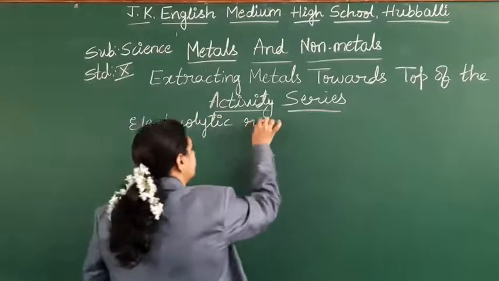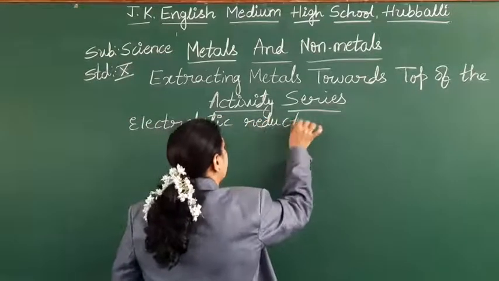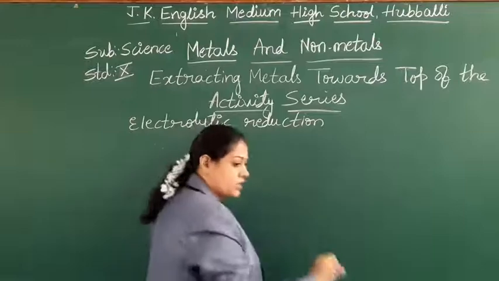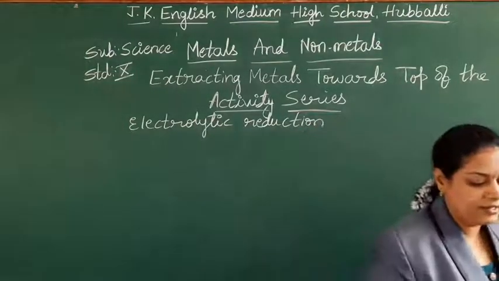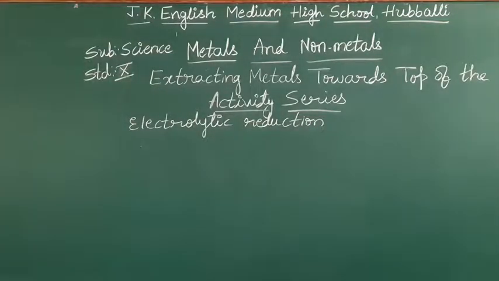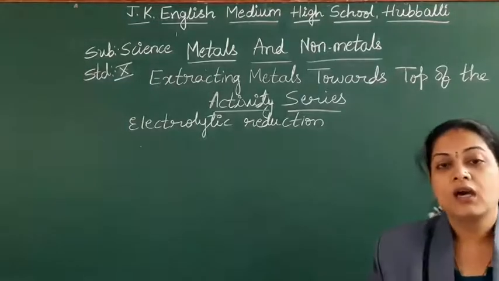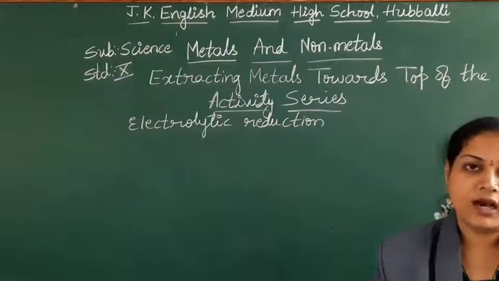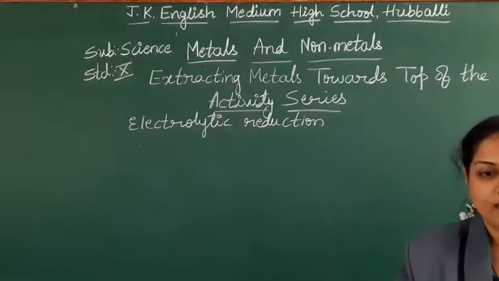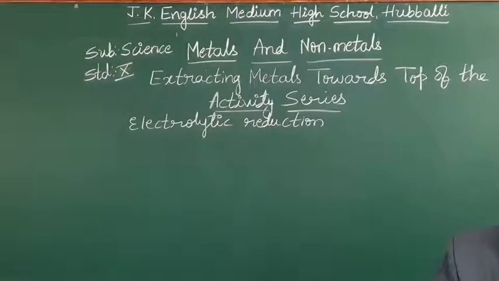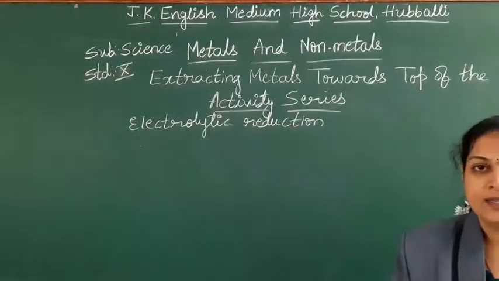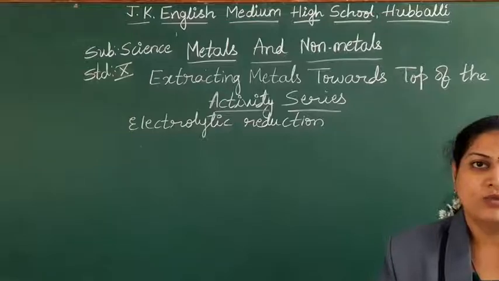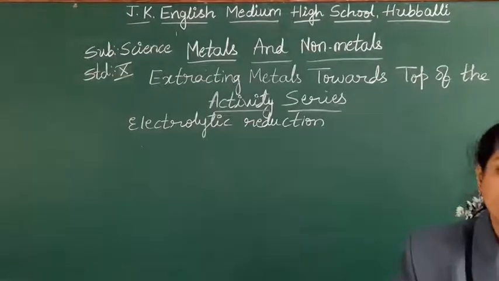In electrolytic reduction, what happens? They easily dissociate into ions and collect at the cathode as well as the anode, and we can separate the metal from its metallic oxide form.